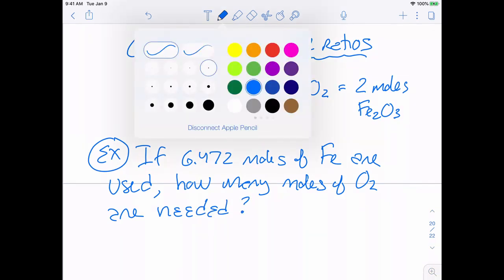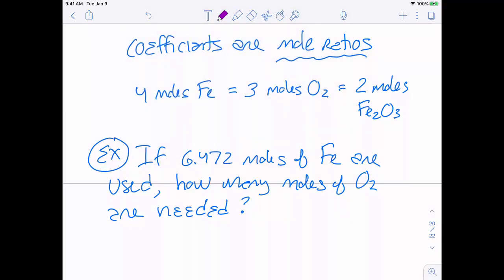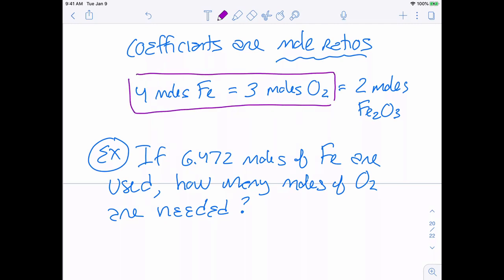And again, I'm just using those coefficients as my conversion. So because I'm only talking about iron and oxygen in this example, those are the only coefficients I need, right? I know for every 4 moles of iron, I need 3 moles of oxygen.